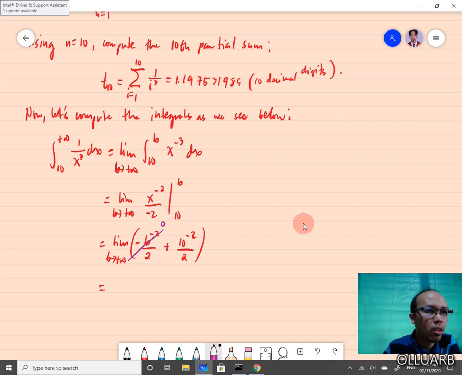Okay, b to the negative 2 is negative 1 over 2b squared, and as you can see, as b approaches positive infinity, this becomes 0. So what remains here is this one.